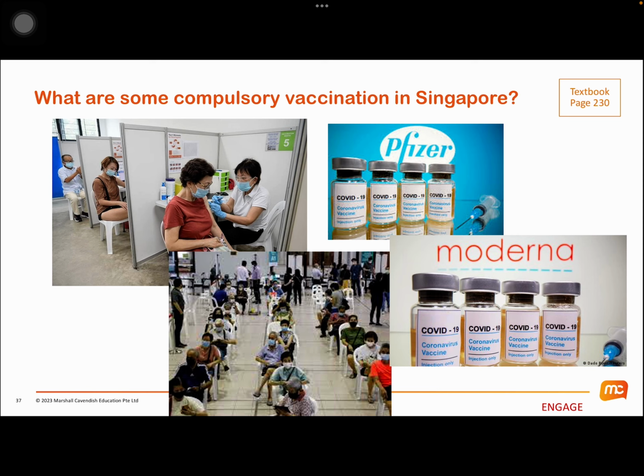Those who are vaccinated are able to venture into public spaces, attend schools, or even go to the hospital to visit. If you do not have a valid reason and you did not take the vaccine 3 years ago, you are not allowed to do many activities, such as going to school or going to public places, because vaccines help to protect yourself and the people around you.